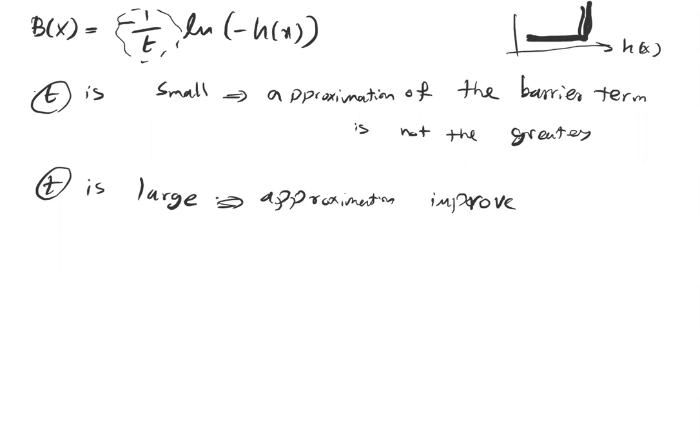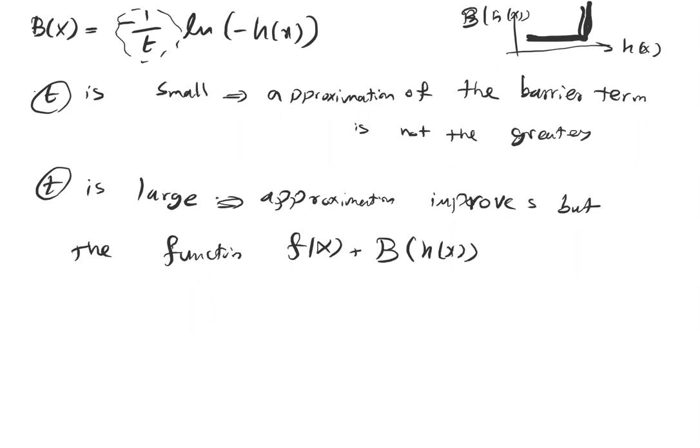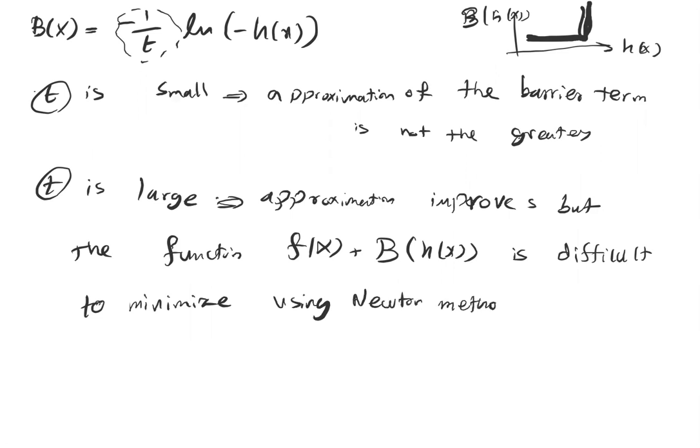So this is h of x, this is b of h of x. But the function f of x plus the barrier term is difficult to minimize. So when we want to use Newton method, it's difficult to minimize. And what's the reason?